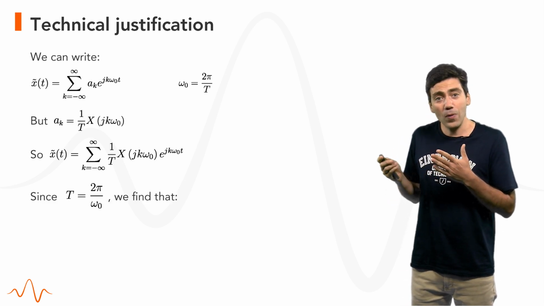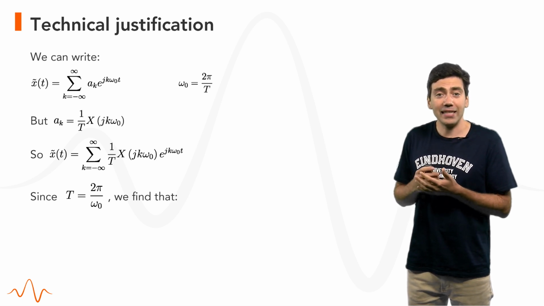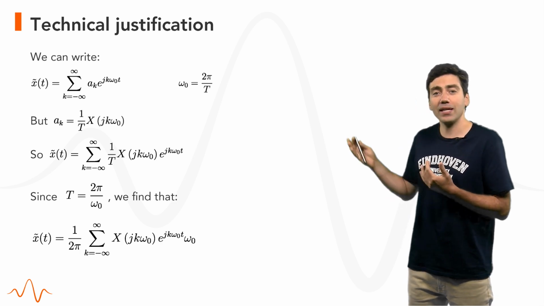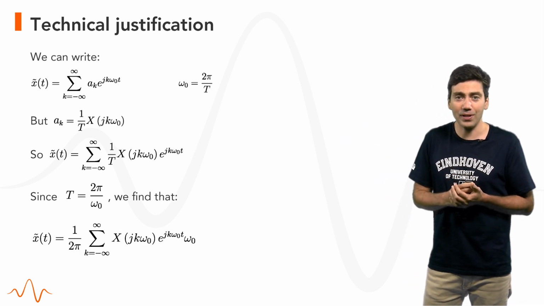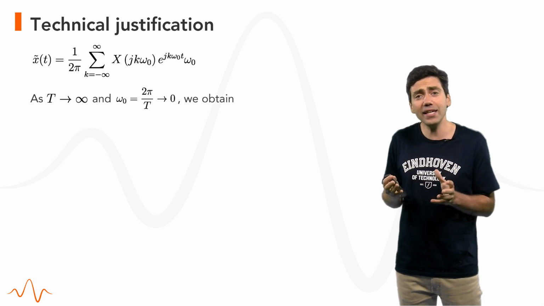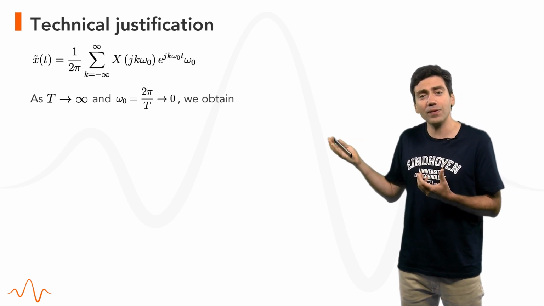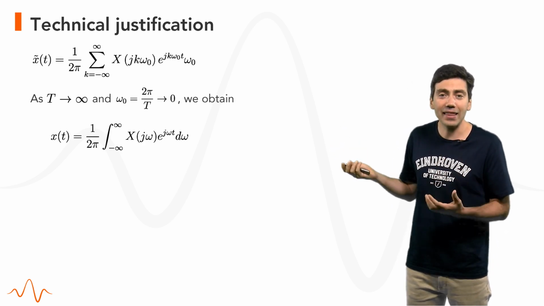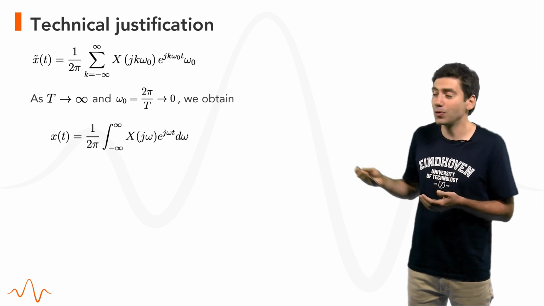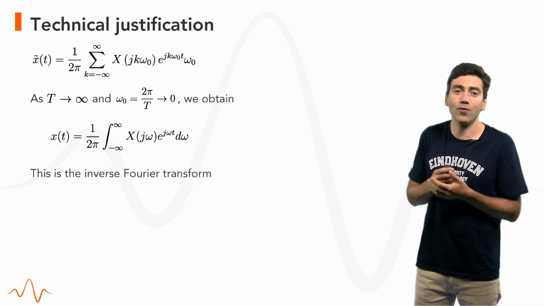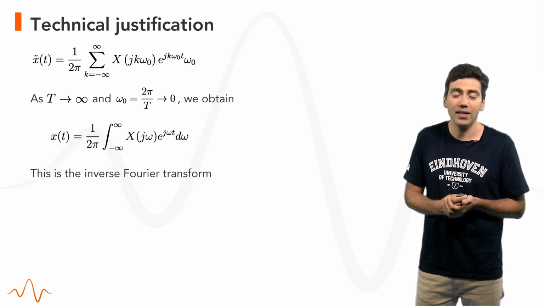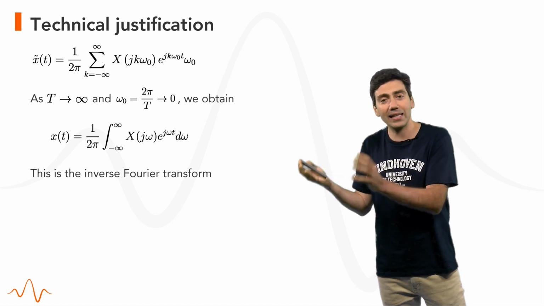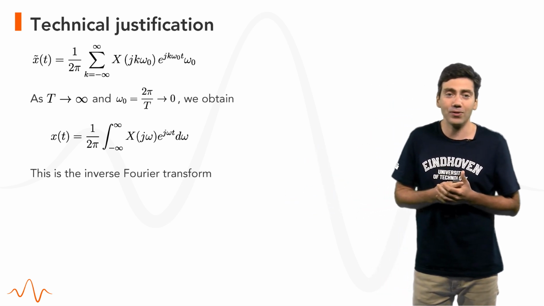Now, we know that capital T is 2 pi over omega naught, so we can write it equivalently as shown here. Since capital T will go to infinity, omega naught will go to 0, and this summation is nothing more than an approximation to the integral that you see in the expression for the inverse Fourier transform. So the inverse Fourier transform allows you to recover the original signal from the Fourier transform, and this is the formula that you get.